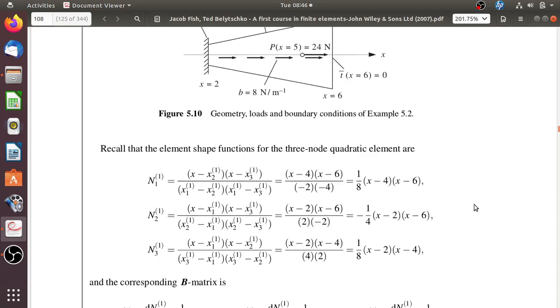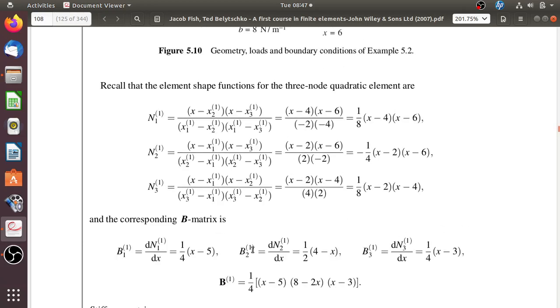And now using this we need to calculate the stiffness matrix and force vector. But in order to calculate the stiffness matrix, we need one more matrix, which is called the B matrix. That is the one we need to identify next. This is the definition of the B matrix.